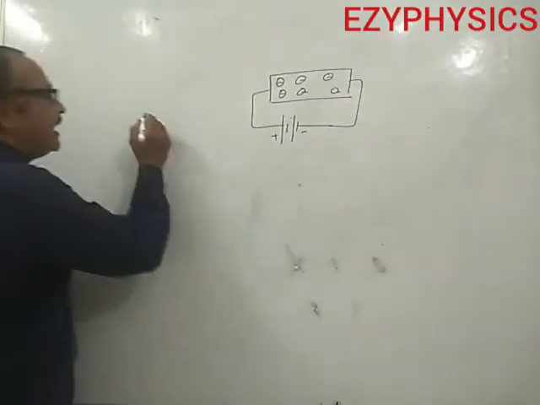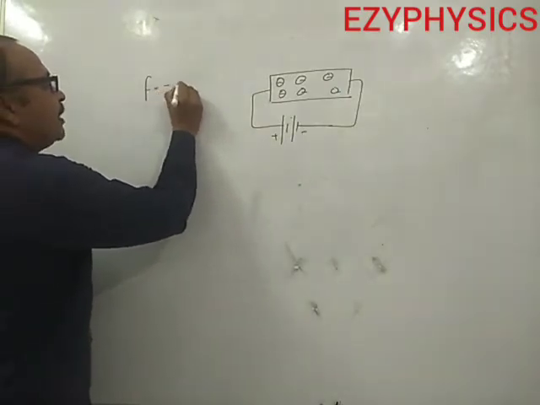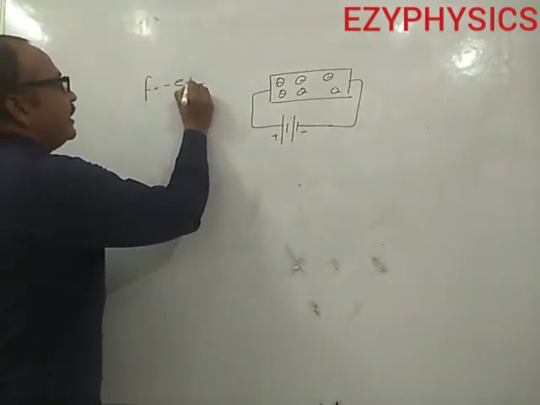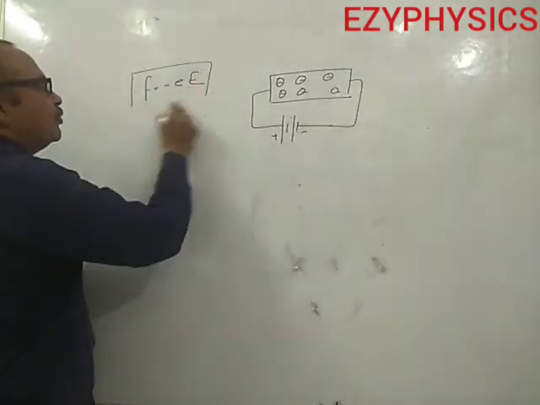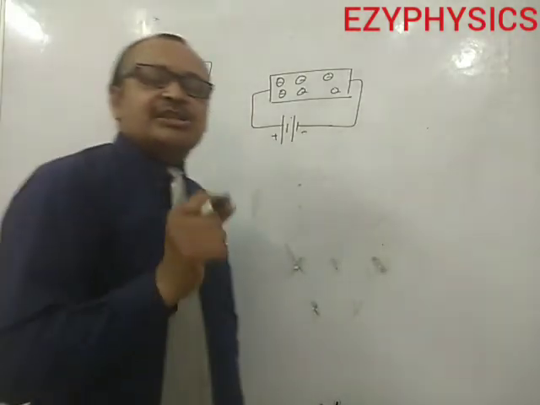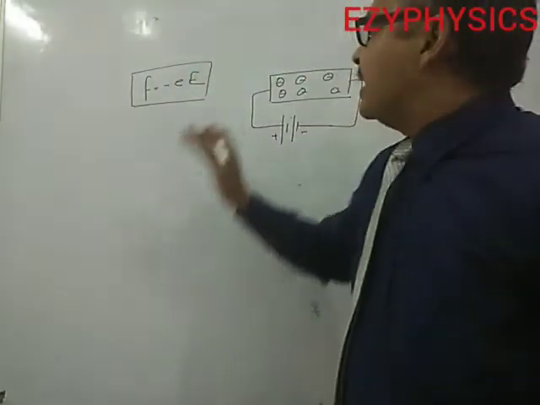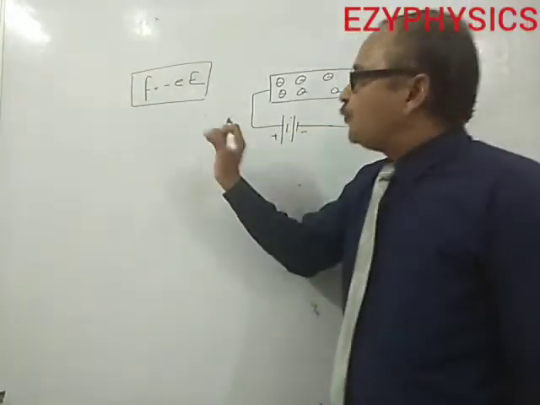And what is that force? That force is given by F equals minus e times E, where e is the charge on the electron and capital E, as you know, is the strength of the electric field.